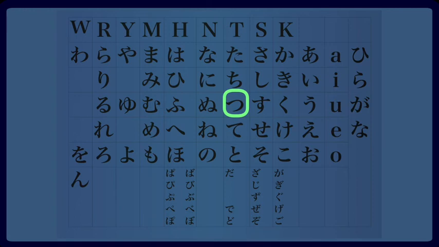This is a little bit like putting a T, then an S before the U, and we say tsu, and you'd know that in the word tsunami. Tsunami is a Japanese word, of course. Tsu. Then we have te, T and E, te. And finally on the T column we have to. Very simply, as the T and the O would go together for to. Ta, chi, tsu, te, to for the T column.